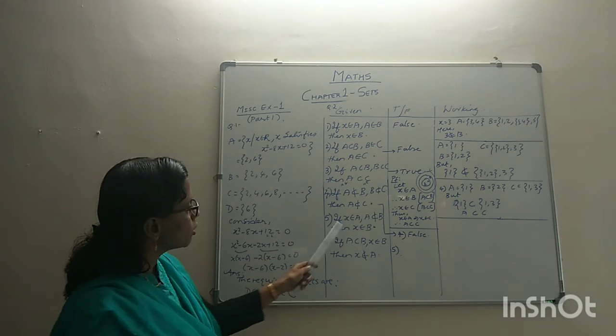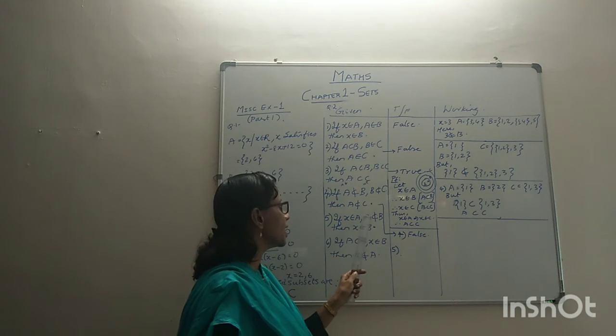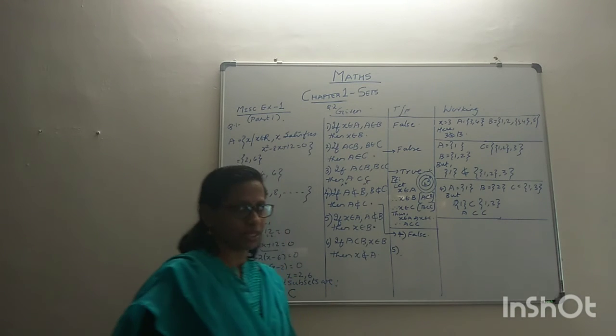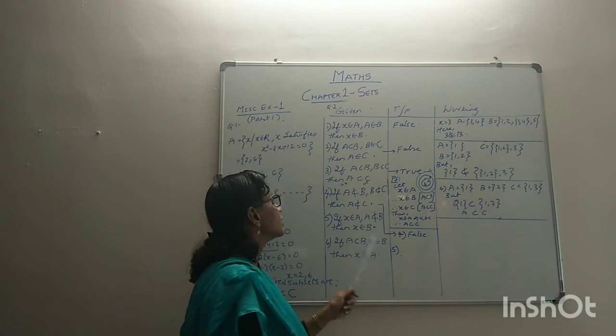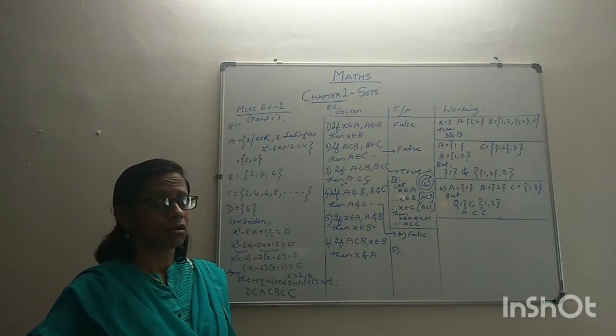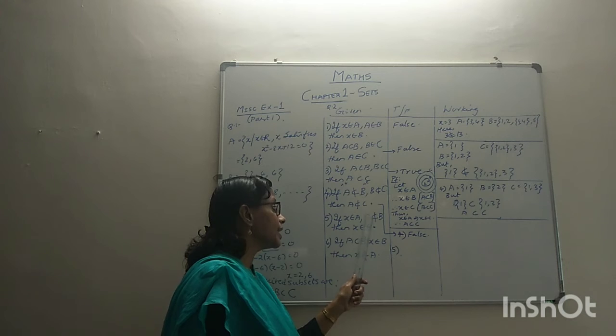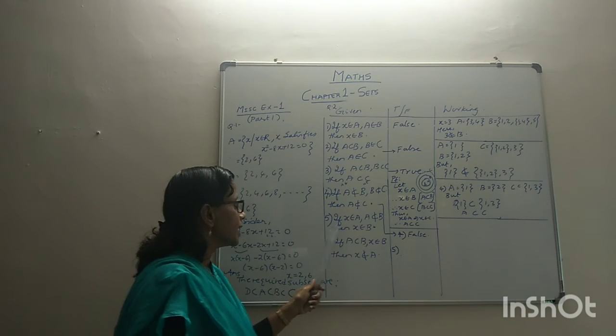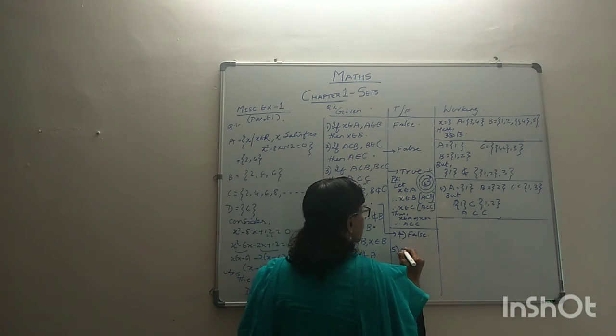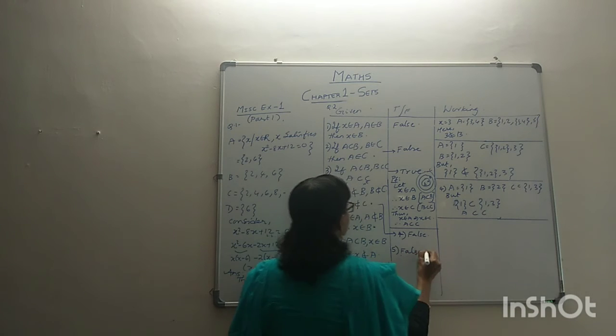If X belongs to A, and A is not the subset of B, then X belongs to B. How should that be? X is belonging to a set A, and A is not a subset of B, then X belongs to B. It's a false statement, and therefore we'll have to give its counter example.